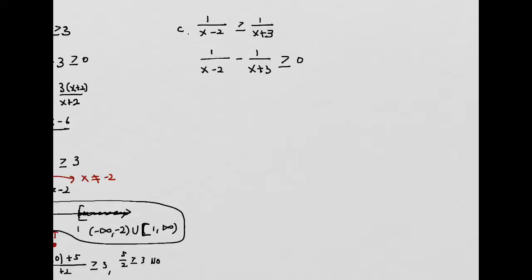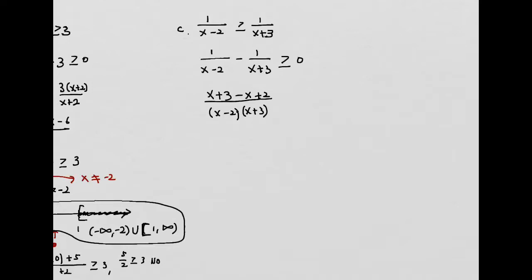In order to do the subtraction, you need to have the same denominator. Your least common denominator of the two given fractions is x minus 2 and x plus 3. This gives you your numerator 1 times x plus 3 and -1 times x minus 2. So you get -x and positive 2, right?